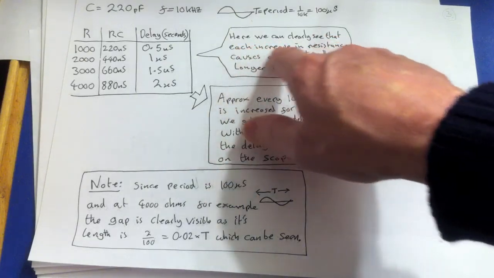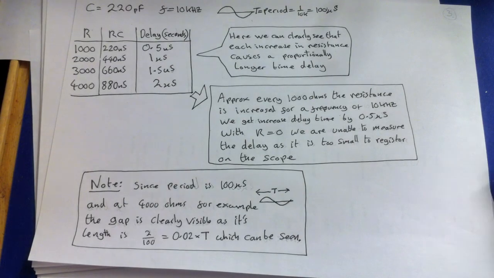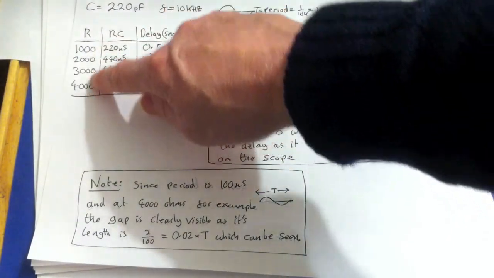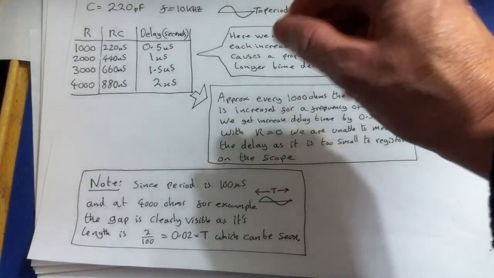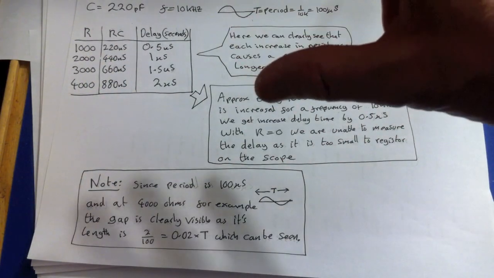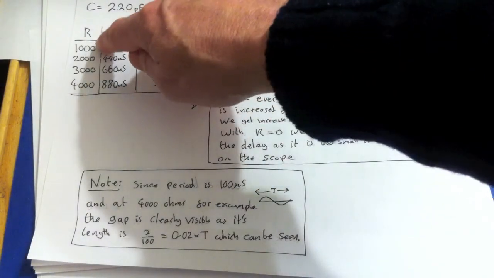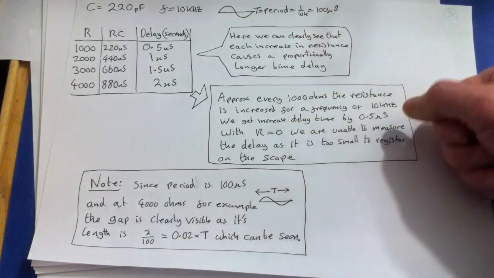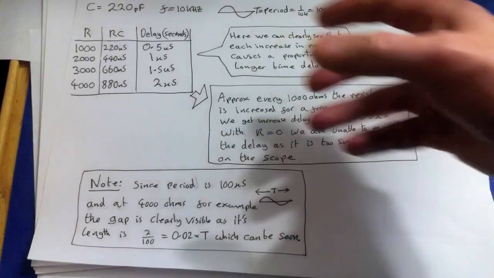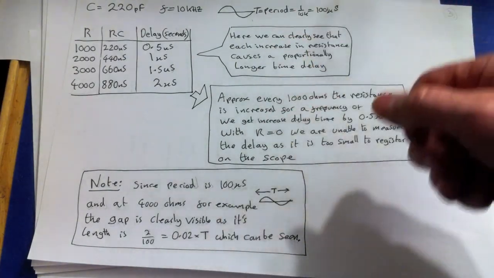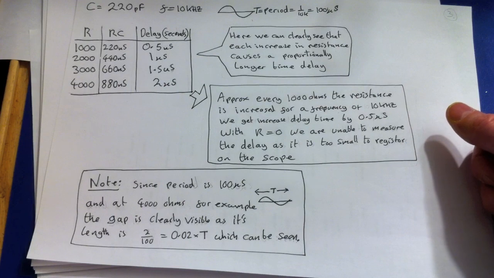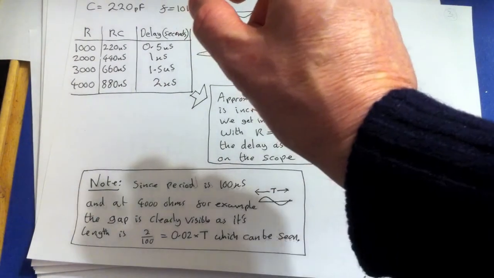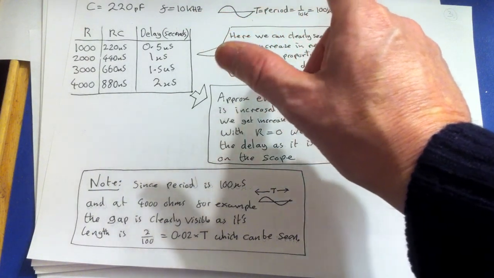We can clearly see that each increase in resistance causes a proportionally longer time delay. As we went down, the two curves are almost superimposed with a very small time delay. All I'm doing here is showing that when you increase the resistance, you get a longer time delay. On the oscilloscope, as I increased the resistance, the gap between the two of them got bigger and bigger.